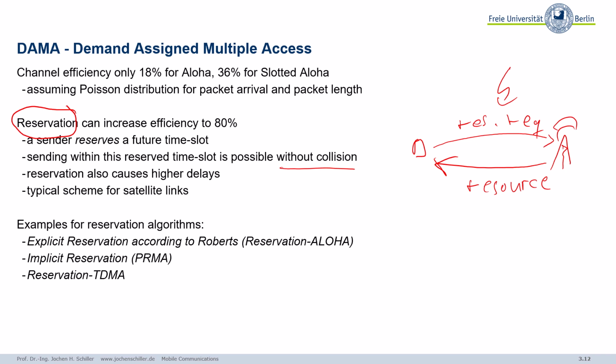Well, the trick is the reservation requests are only short packets. There might be a collision, yes, but the statistical chance for a collision is way lower compared to the longer data packets. So, as soon as you're successful with your reservation request, you have a guaranteed time to send your longer data packet. That's the idea.